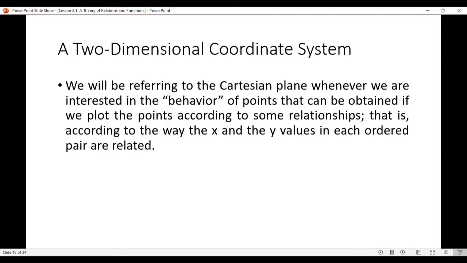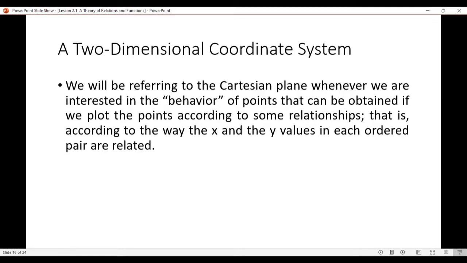We will be referring to the Cartesian plane whenever we are interested in the behavior of points that can be obtained if we plot the points according to some relationship. That is, according to the way the x and the y values in each ordered pair are related.